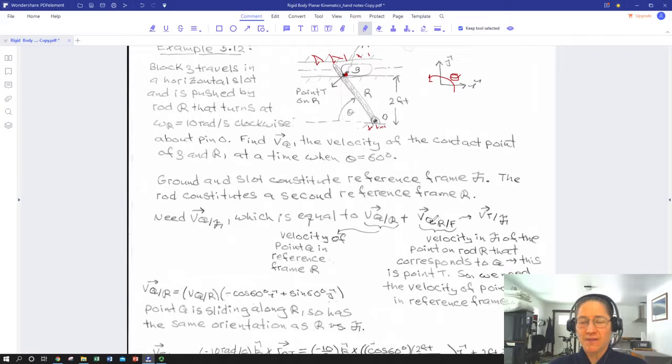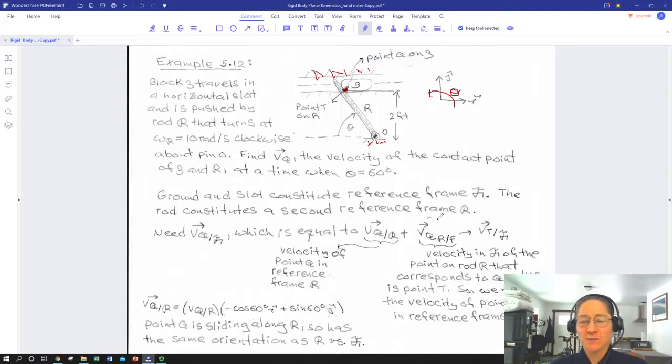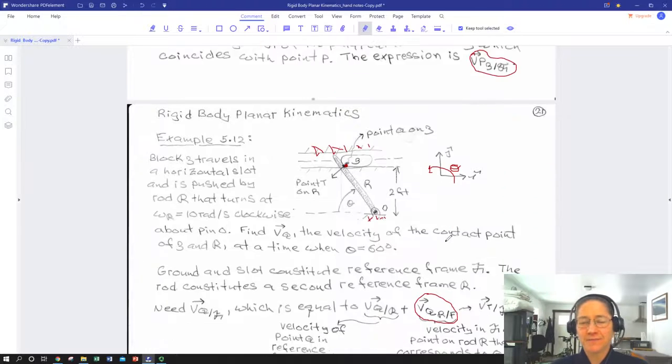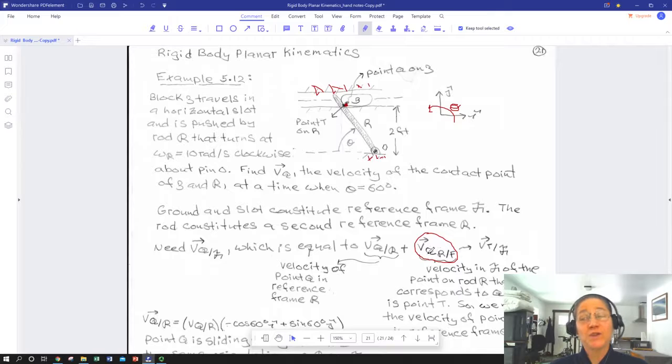So again, velocity of Q as a tag point of R in F. Now this term here really is analogous to this, except we have R and T. So we're using point Q, which is the same as point T, as a tag to say how the rod reference frame is moving with respect to the F reference frame, because at the instant we're talking about, point T on the rod and point Q on the block are the same point because they're in contact.